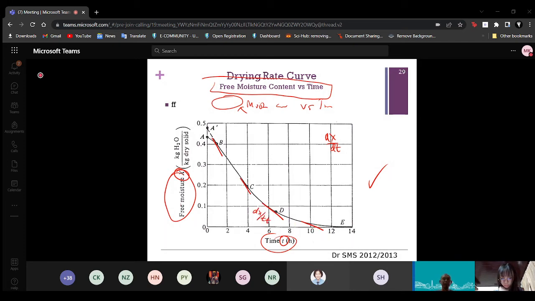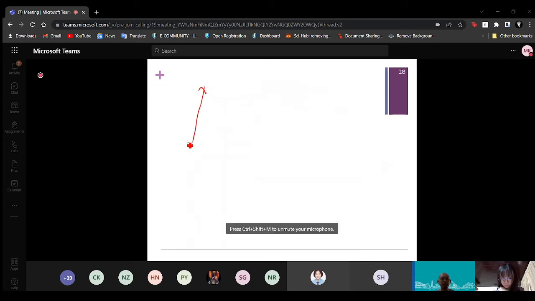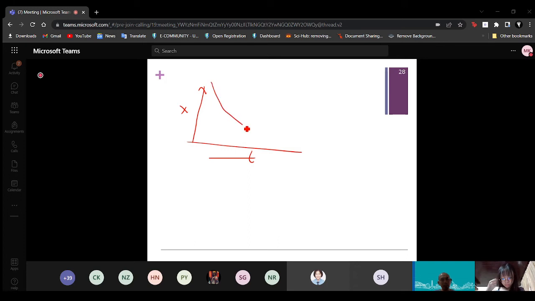So how to do it? Just now you already got the plot of x versus t. The plot looks like this, more or less. Now you need to identify and select several points.